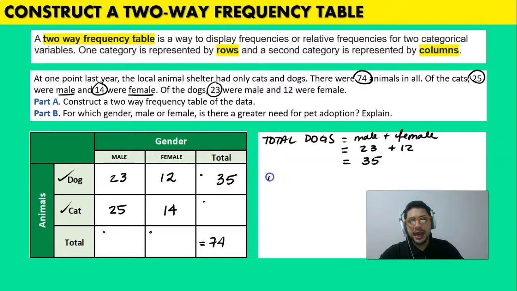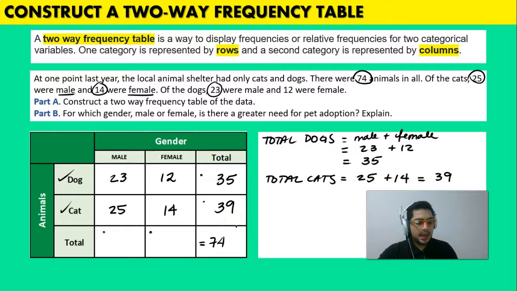And then the total of cats is the amount of male cats, which is 25, plus 14, the amount of female cats. And that is going to give us a total of 39. Now remember, when we add 35 and 39, that total has to give us a value of 74. And when we compare, we see that it actually gives us 74. So 35 plus 39 is actually 74.